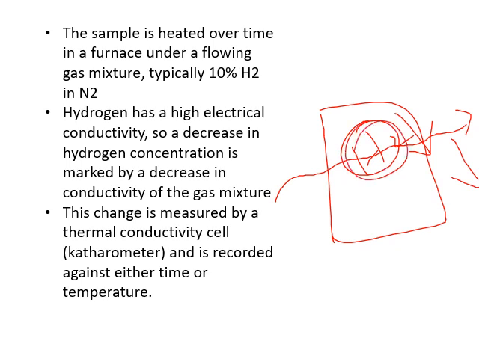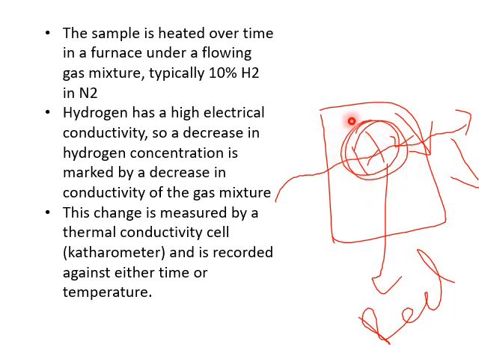Why is the hydrogen concentration decreased? Because hydrogen gas is a reducing agent, so it will be oxidized and reduce the other species. When it is utilized, it takes part in a chemical reaction and its concentration decreases.